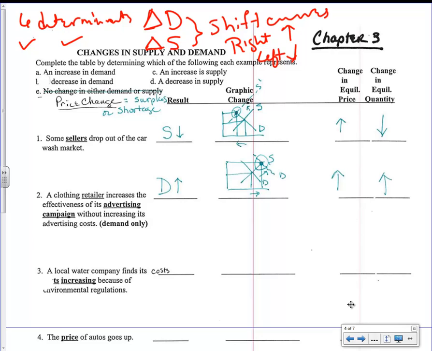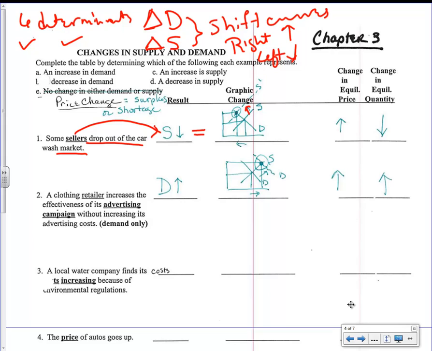So in the first one, it says sellers drop out of the car wash business. Sellers means supply. If they drop out, the supply will fall. If supply falls, you're going to shift it back to the left.